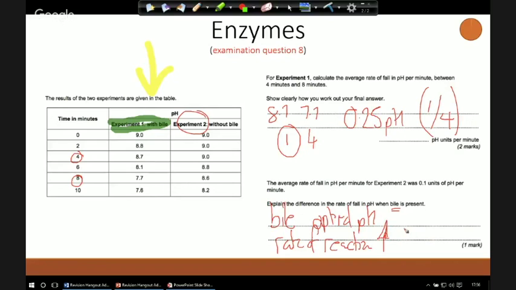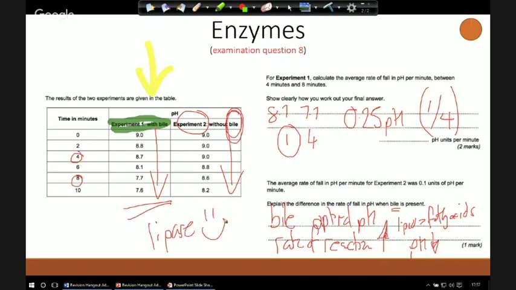And because of that, the lipid is getting broken into fatty acids quickly, and we'll find that the pH will drop quickly. And that's what it's doing. In experiment 1, our pH drops quickly in comparison to when we don't have the bile, because we've got an optimal pH. Lipase can work well.